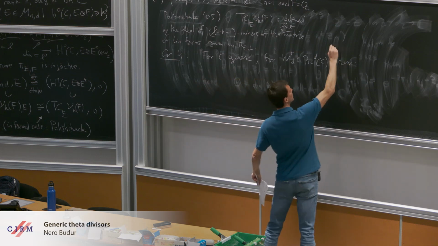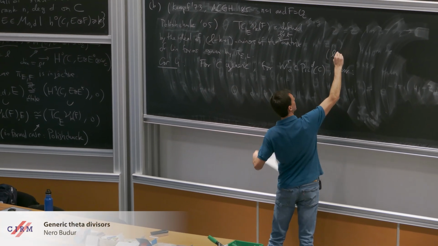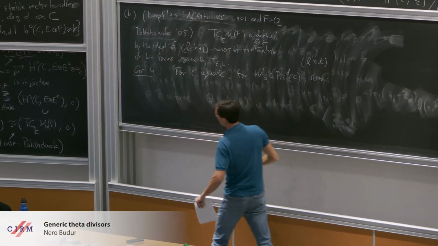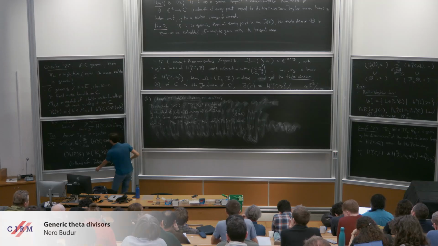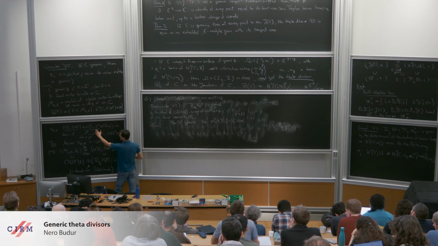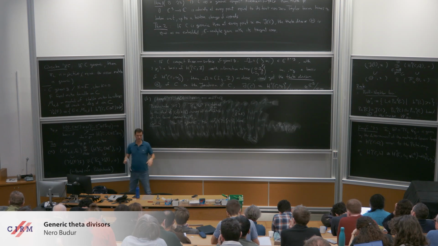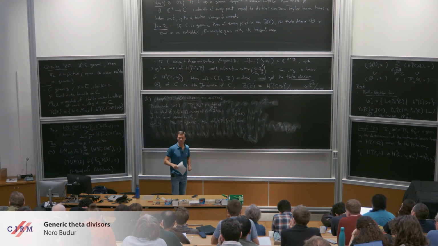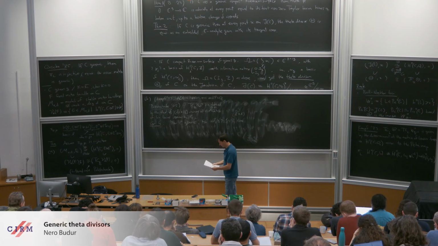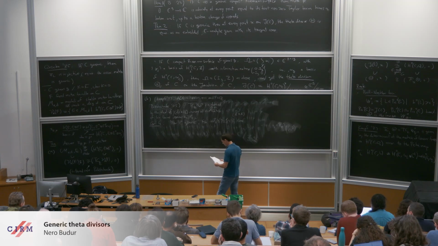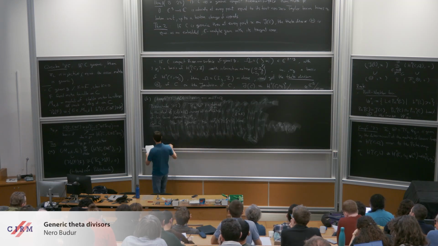I'm going to assume that L prime is greater or equal than L for simplicity. If that's not the case, use Serre duality and you get back to a situation where this is satisfied. So that's just for convenience to state things.